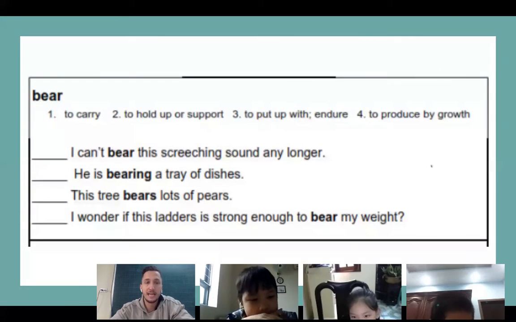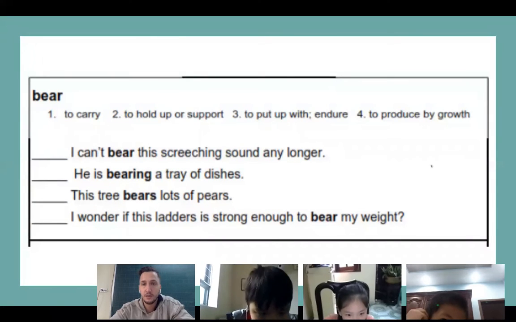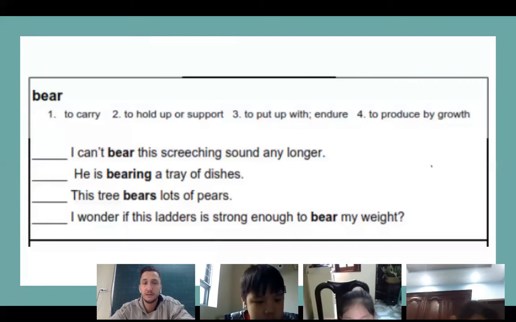Okay, so when I say I can't bear this screeching sound any longer, who can tell me what the correct definition is? Is it 1, 2, 3, or 4? I can't bear this screeching sound any longer. And screeching means a very loud sound.